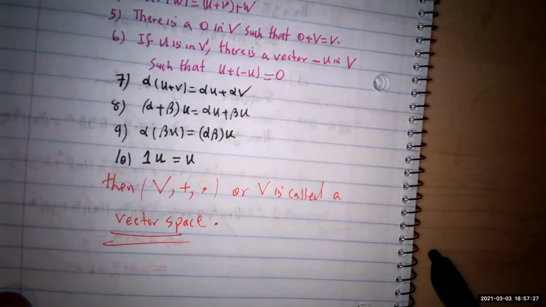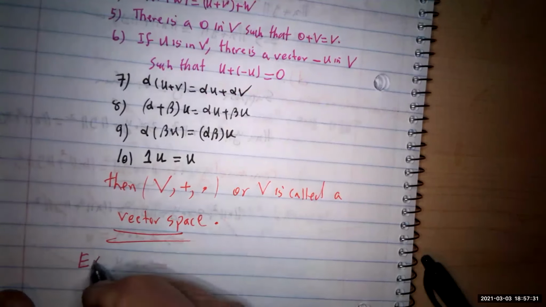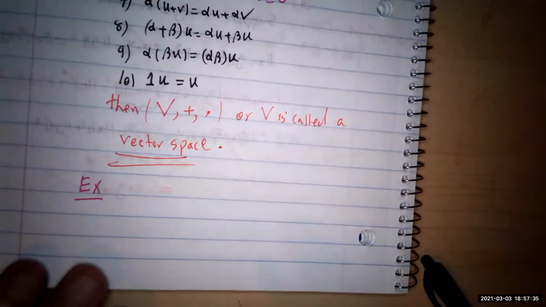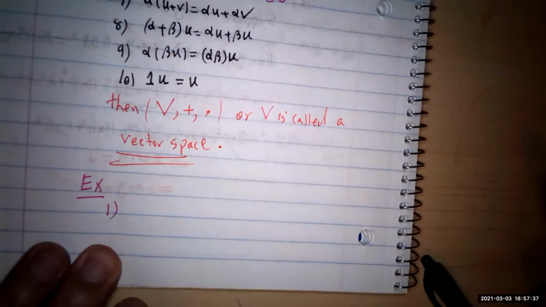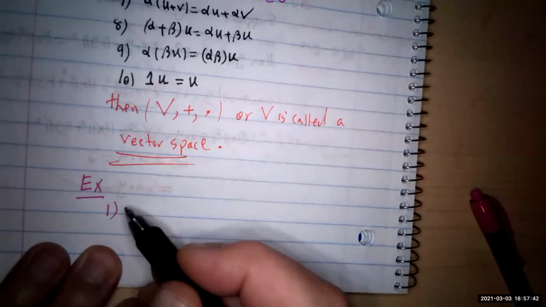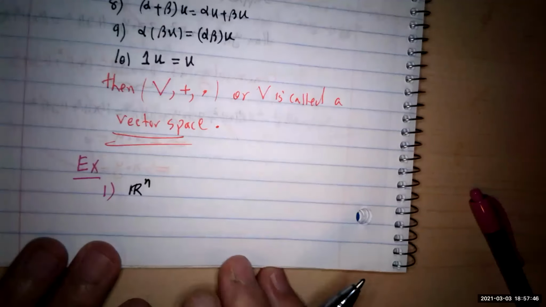If you want an example, whatever you did so far were vector spaces. For example, the most recent one, Rn. Remember Rn, the n-dimensional Euclidean space.